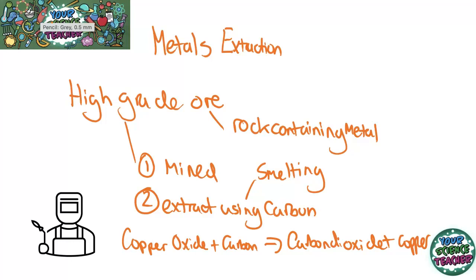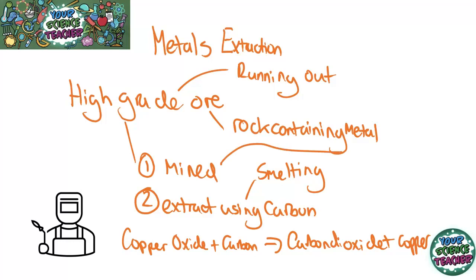But on top of this, you also have a few more negatives of this process. For one, these high grade ores, they are running out. These metals are a finite resource, and high grade ores are becoming harder to find. As well as this, the mining sites can also produce environmental problems.